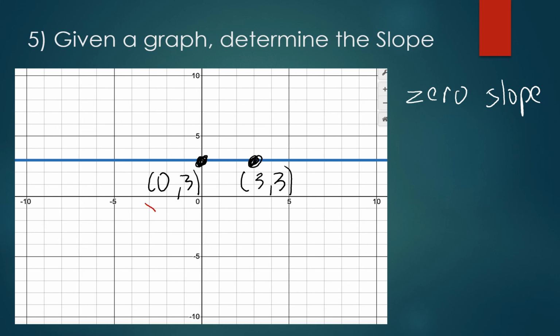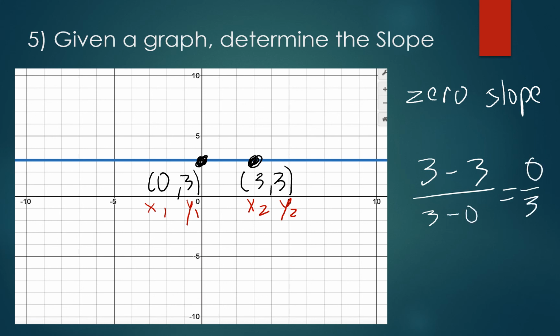Label them x sub 1, y sub 1, x sub 2, y sub 2. So that's 3 minus 3 divided by 3 minus 0. 0 divided by 3 gives you 0. So that's why this is the 0 slope.